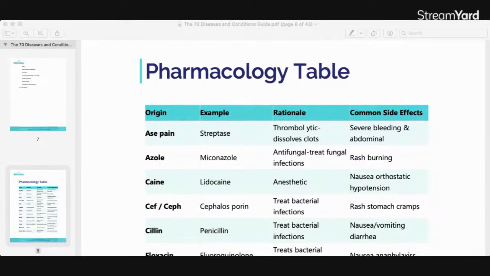So in the table I have presented here, it's organized into one group, which is the suffix ending. In some cases it may be the prefix, but typically it's the suffix ending, and then what would be an example of this type of drug? What does this drug do? And then at least two or more side effects.